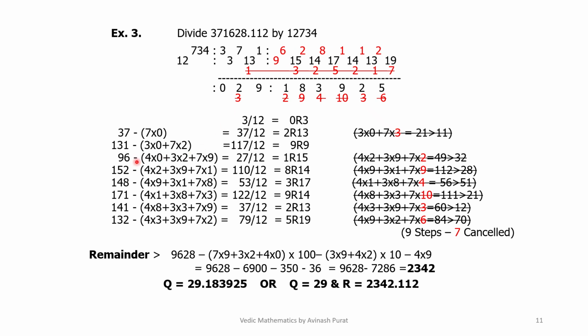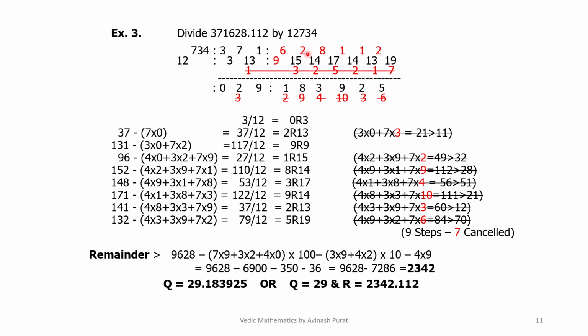So 96 minus 4 into 0 plus 3 into 2 plus 7 into 9 equal to 27 by 12. Now if we consider 2 as quotient here, 27 divided by 12, 2 is quotient and 3 is remainder.